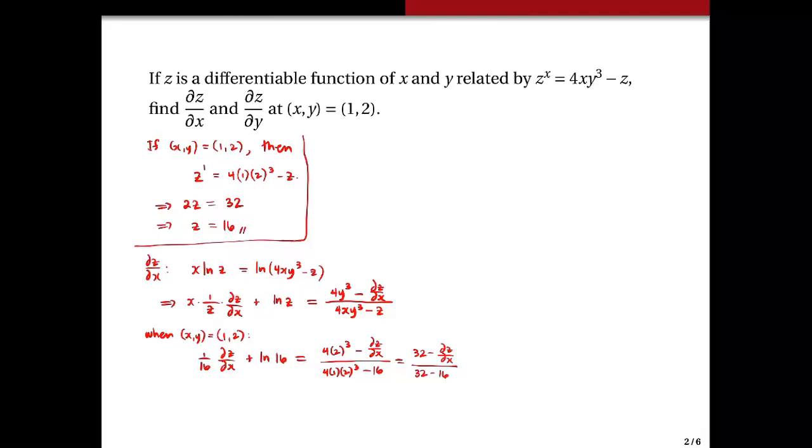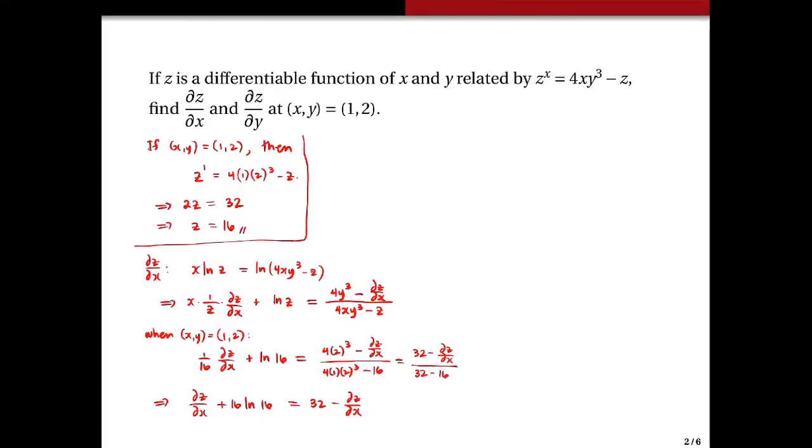And then from here, 32 minus 16 is just 16. So we multiply everything by 16. This will give us the partial of z with respect to x plus 16 ln of 16, which is equal to 32 minus the partial of z with respect to x.